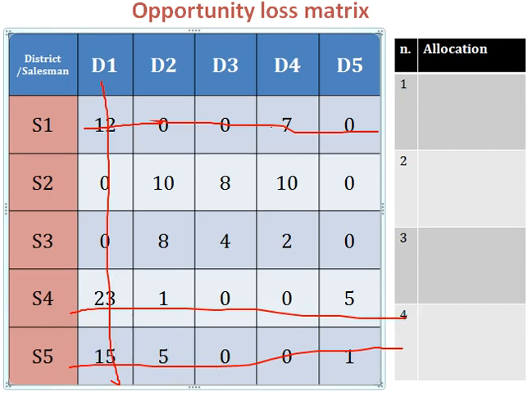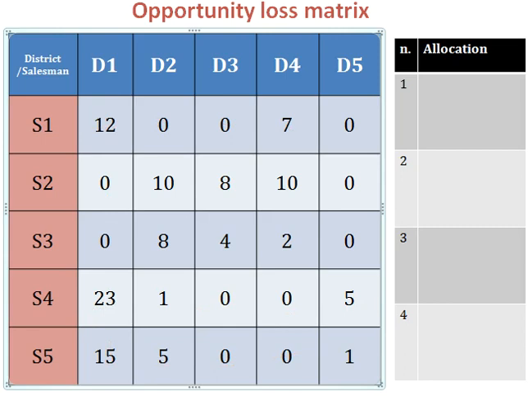Okay, now we will proceed to the next step, that is to draw a number of lines again which will cover the maximum number of 0s. So here the number of zeros available with us is here 3. The next line we can proceed with is this one.